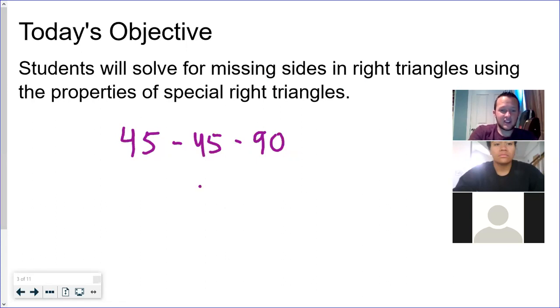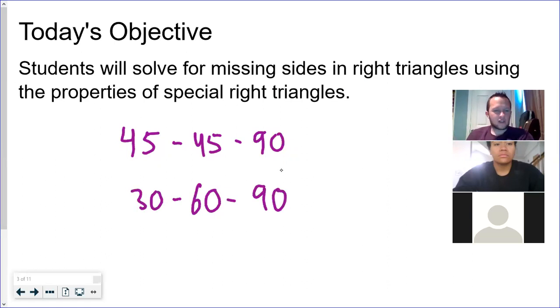There is a 60 in it. It's going to be a 30, 60, 90. So good job. So we have 2 types of special right triangles, and we're going to go over how to use those today. It should be review. It's something you've learned before, but it's going to come up in this next unit we're doing.